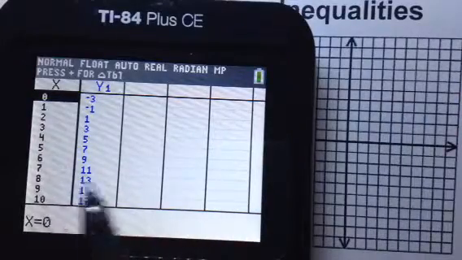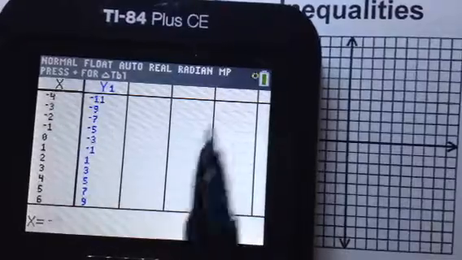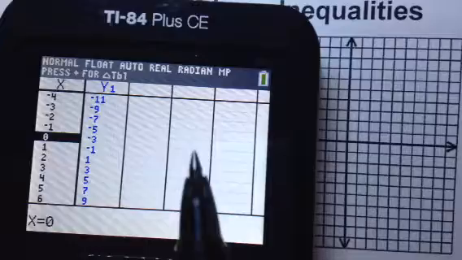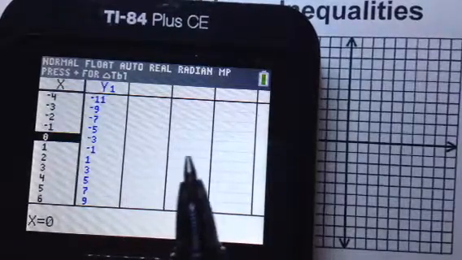and find 3 points to graph. I want us to for sure use a positive number, a negative number, and 0 if we can.